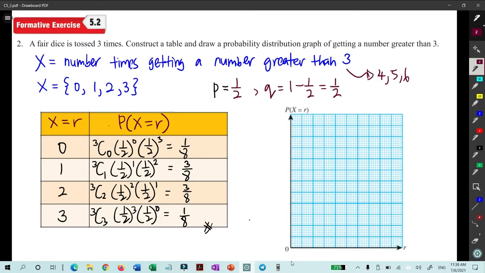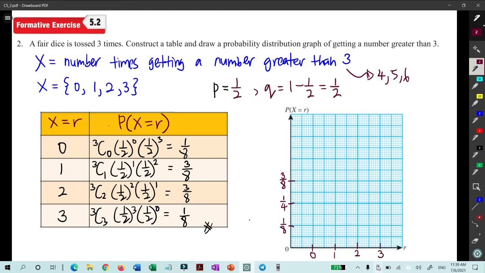So I'm going to label 1/8, 1/4, and 3/8. And on the horizontal axis, I'm going to put 0, 1, 2, and 3.